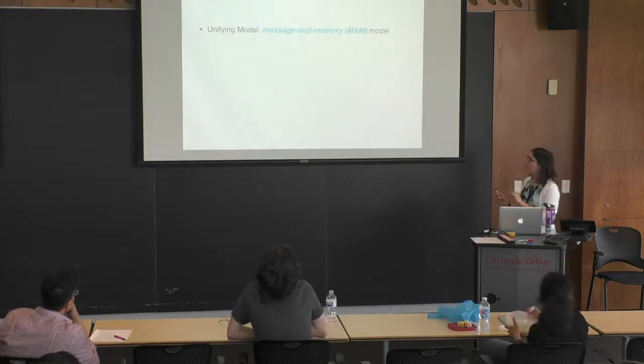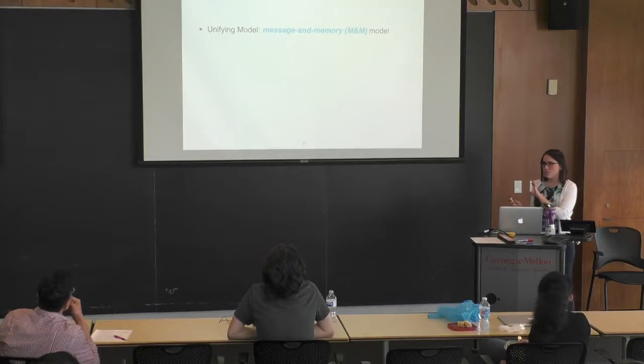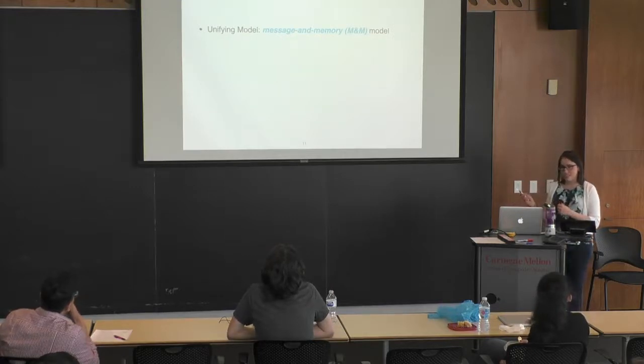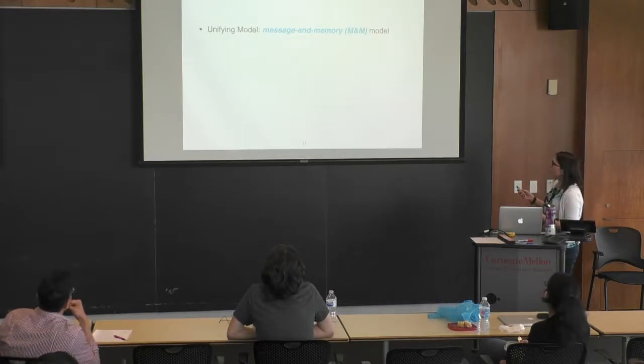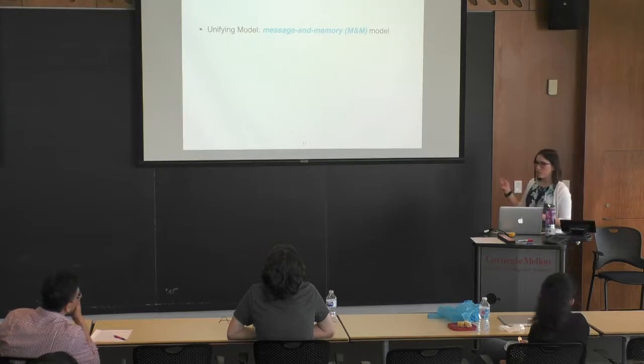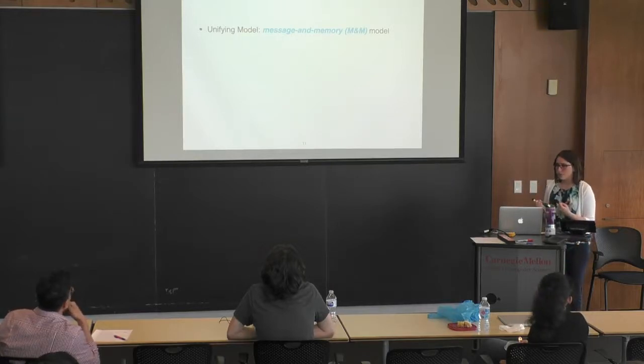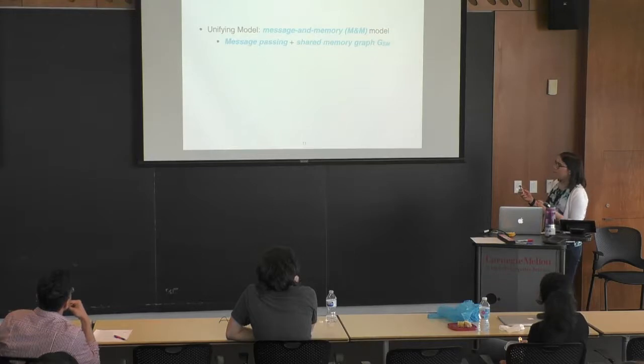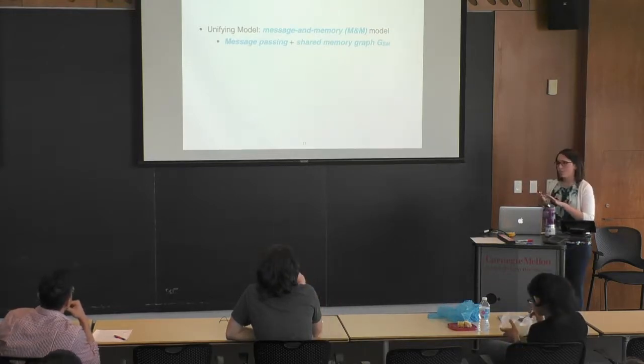Okay, so now let me briefly summarize our results, and I'll tell you which ones of these I'm going to be talking about. So in general, the first thing that we did in this work is define a model that combines message passing and shared memory. In order to do that, we have a message passing graph on top of which you can pick some shared memory graph.